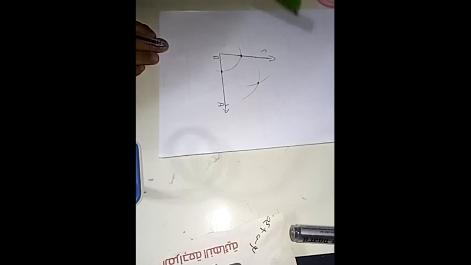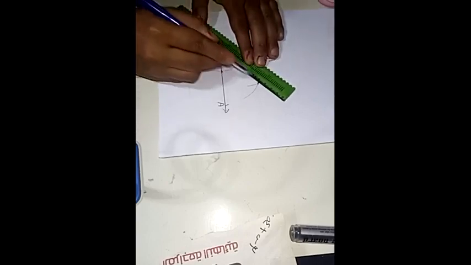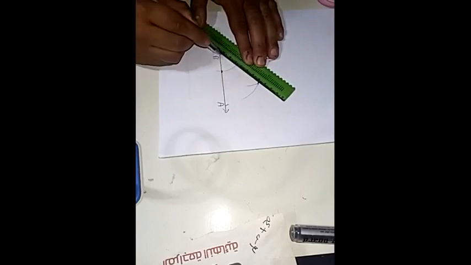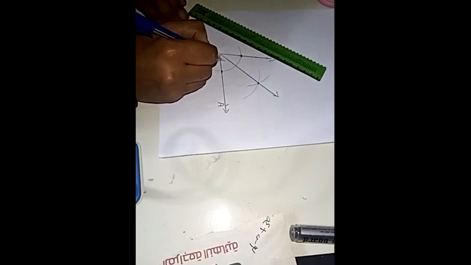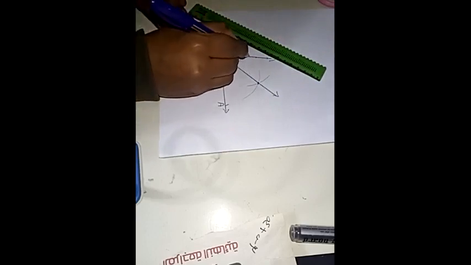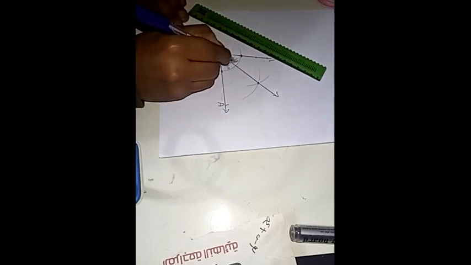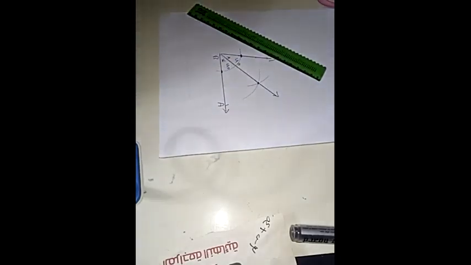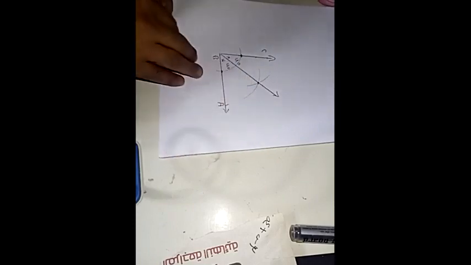Now from the vertex, connect to the point of intersection between the two arcs. We have this bisector: this is 80 degrees, so 40 degrees and this 40 degrees. This is the first drawing, how I can draw an angle and bisect it.